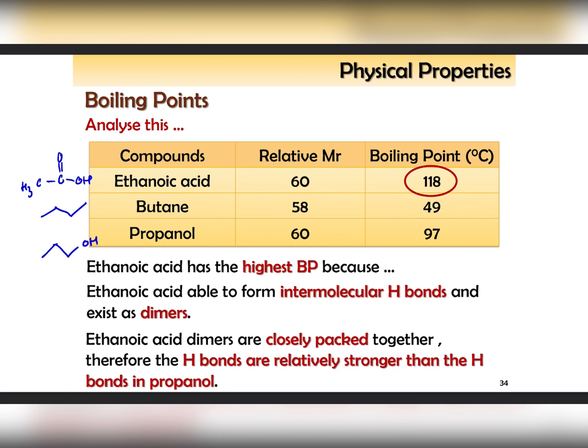Okay, so satu ada carboxyl group and one is just normal alkane, and satu lagi dia ada OH. So untuk compare the boiling point, kita akan tengok the data here lah. So you can see here boiling point untuk ethanoic acid, which is the carboxylic acid, is the highest. And then ini yang the highest, followed by propanol, and the least one is butane.